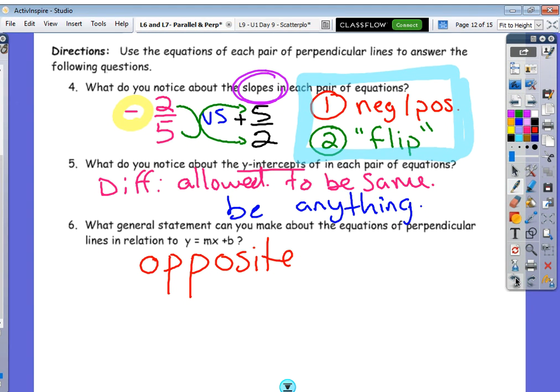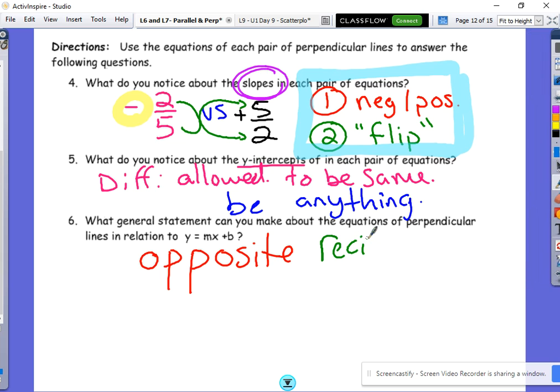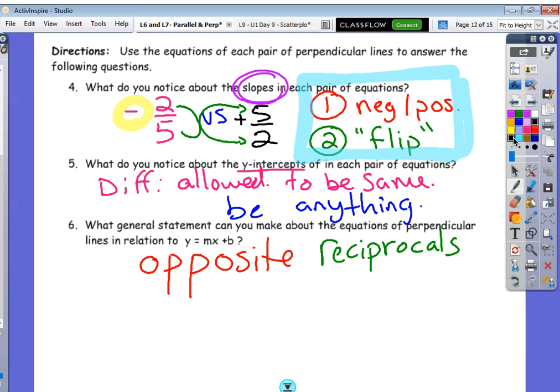One's got to be negative and one's got to be positive. And then, like I said, flip isn't the mathematical word. The correct word for that flip part is reciprocals. So any slope that is perpendicular must be two things. It must be opposite from its perpendicular slope, and it must be the reciprocal of its perpendicular slope. The reciprocal is just the mathematical way of saying that the fraction is flipped. So that's our first observation, opposite reciprocals.